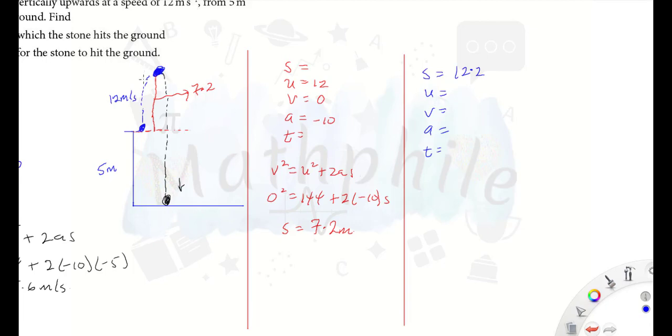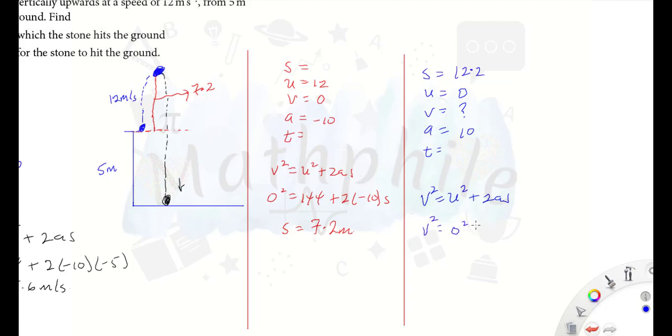And at this point, the particle was at rest, so U was equal to 0. The speed is what we're looking for. The acceleration is going to be a positive 10 because it's moving downward. Let's use V squared is equal to U squared plus 2AS. V is actually what we're looking for.